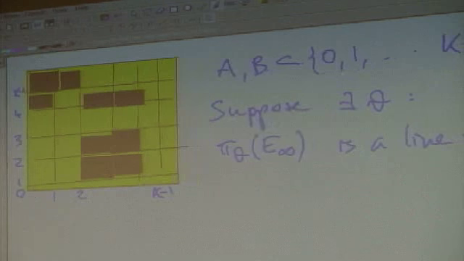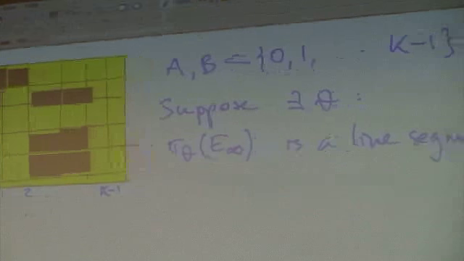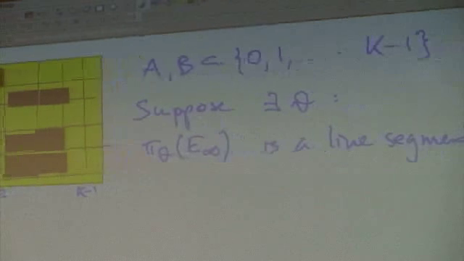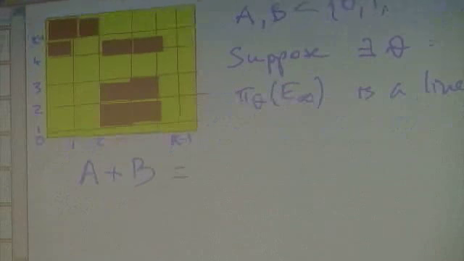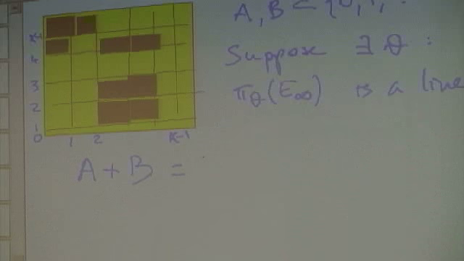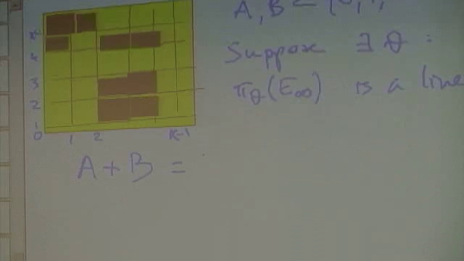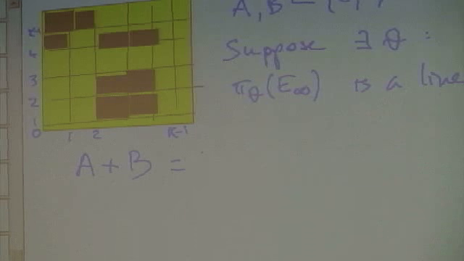What this means in terms of the sets A and B is that A plus B, the sum set, is, well, basically it looks like the set of, okay, I cannot quite say that it's the set of all integers from 0 to k minus 1, but I can do the following.